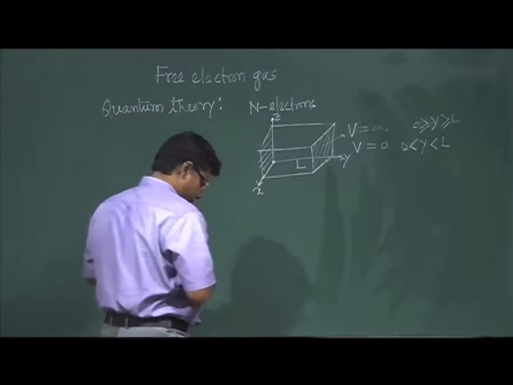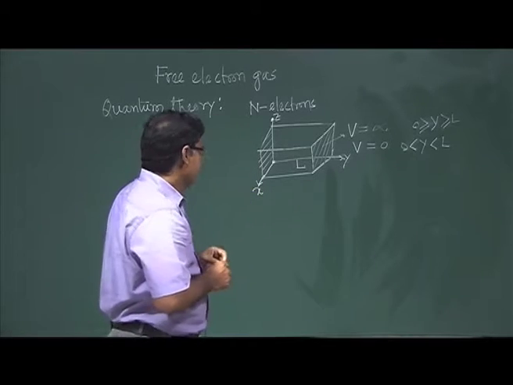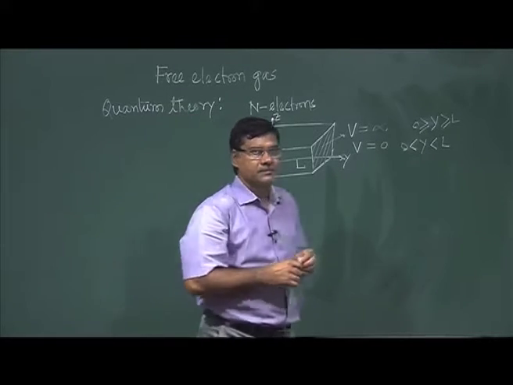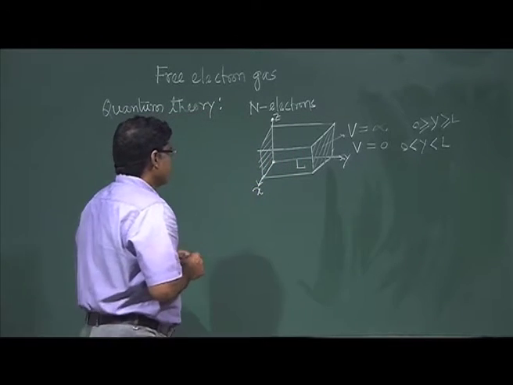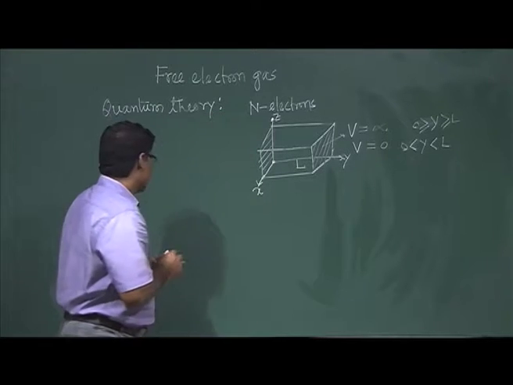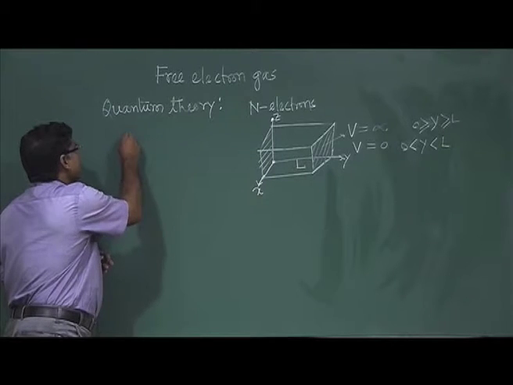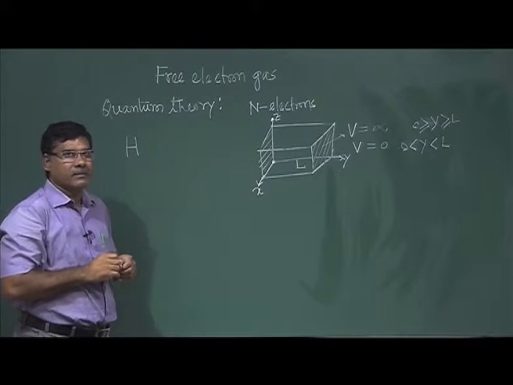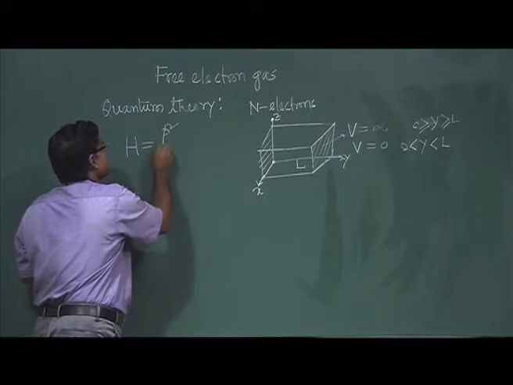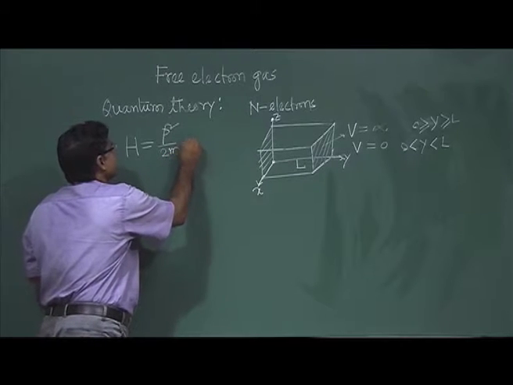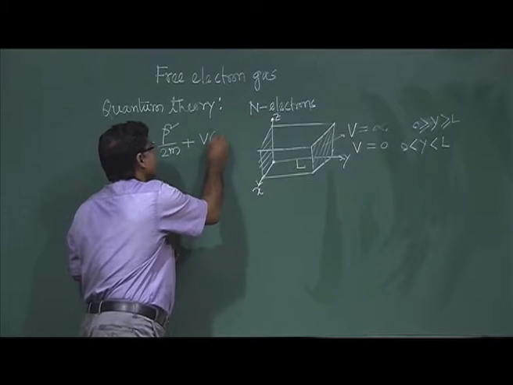In the last class I showed you that one can construct the Schrodinger equation for this problem. Generally we write the Hamiltonian H, which is the total energy of the system: P square by 2m, the kinetic energy, plus the potential energy, which can be a function of x.